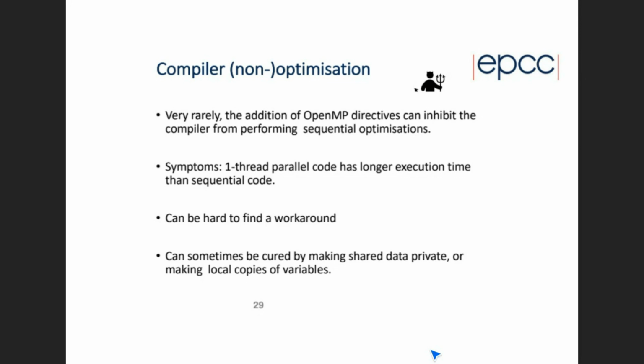The main symptom of that is that if you run the parallel code on one thread, you see a longer execution time than running the sequential code. If this happens, it's pretty nasty because it can be very hard to find a workaround. It can be very hard to figure out what it is, in terms of the optimization, that the compiler is failing to do and why.